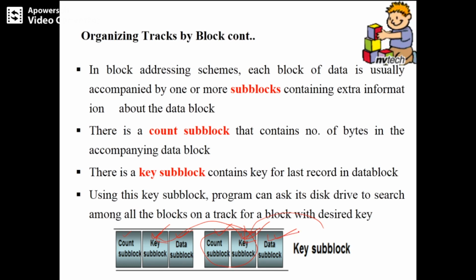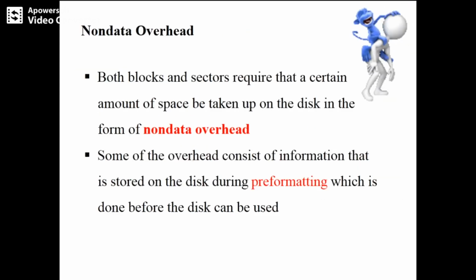Our data, our record, is stored in the data subblock. These two we can call non-data. That will consume some of your memory, right? We can also call it wastage of space.